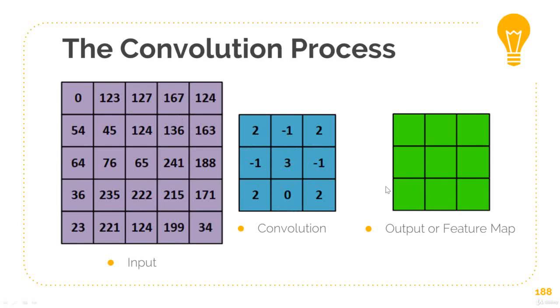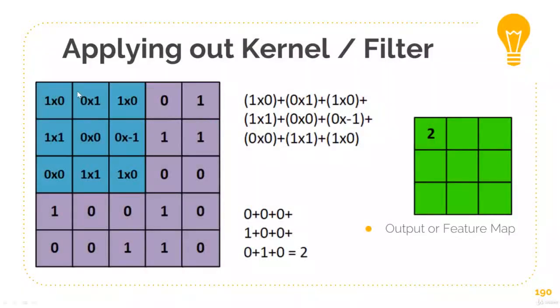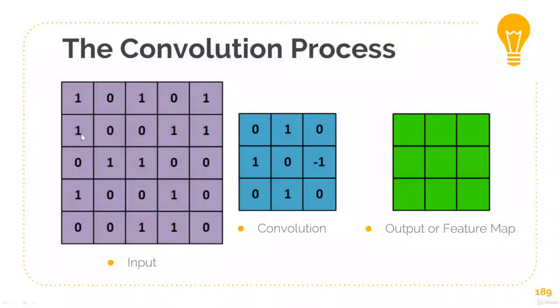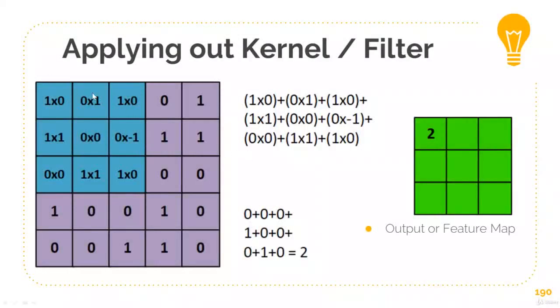So what's going to happen in the convolution process? Well, we're going to slide this filter over this area here, and then again and again, and you'll see it slowly. When I say convolve, it means we multiply them here.